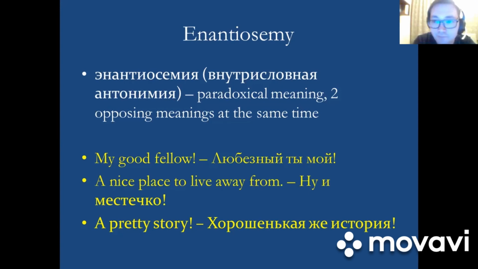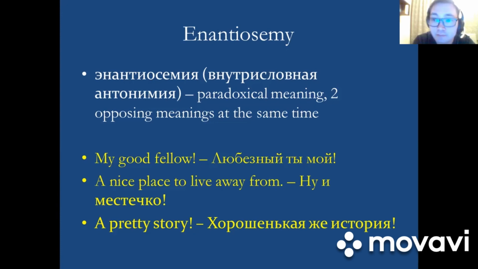My good fellow, любезный ты мой. So what do we see here? We see that the word good here is used in 2 meanings. Actually, what is meant by the author is that the person is not good. Quite the opposite is meant here.